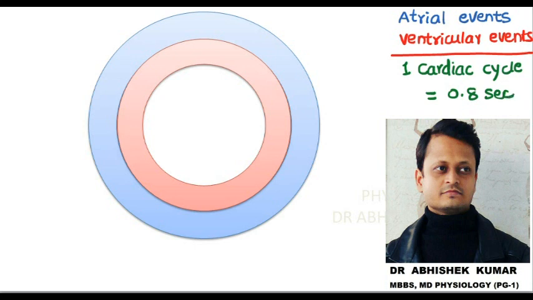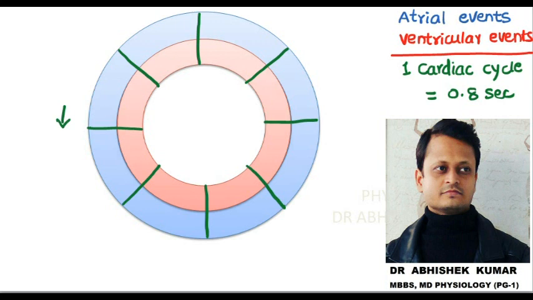So if we divide this cardiac cycle in 8 equal parts, like this, each part will represent 0.1 second of the cardiac cycle.